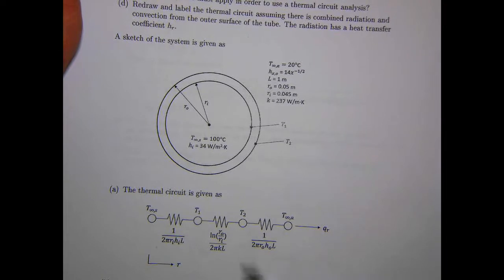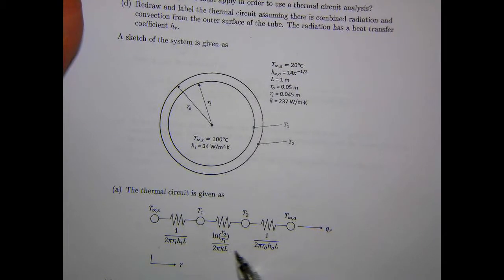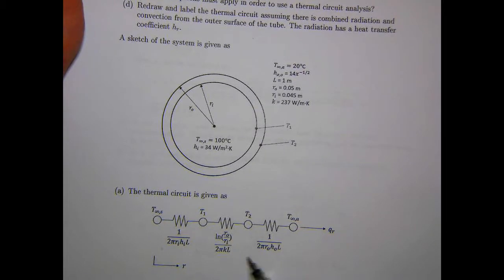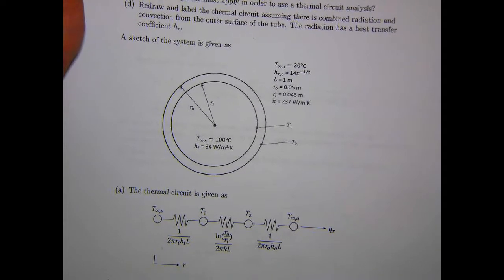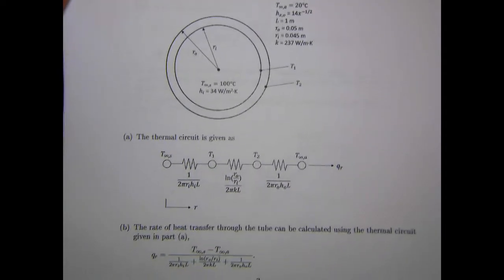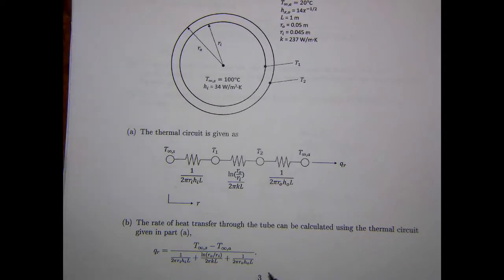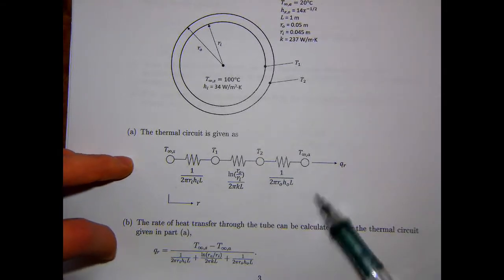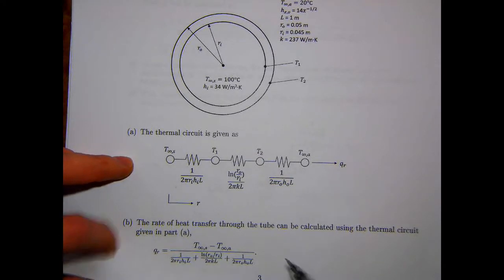So this one, I just wanted you to draw out the thermal circuit and write out the resistances based on the values of the dimensions, the length. For the second part, that was just putting that in the thermal circuit format. So just writing the equation based on the thermal circuit and solving for Q.